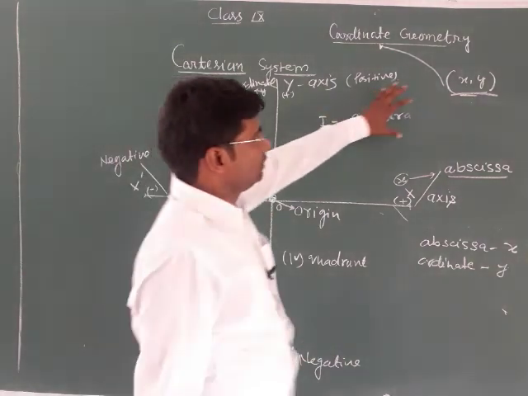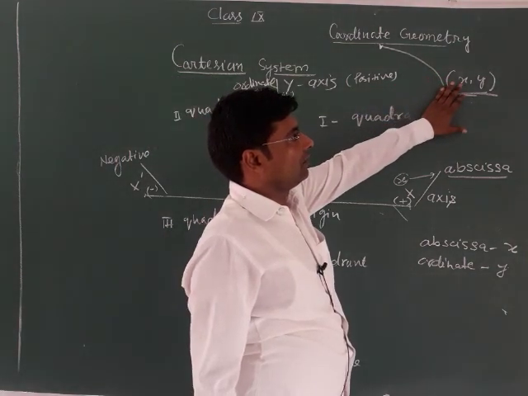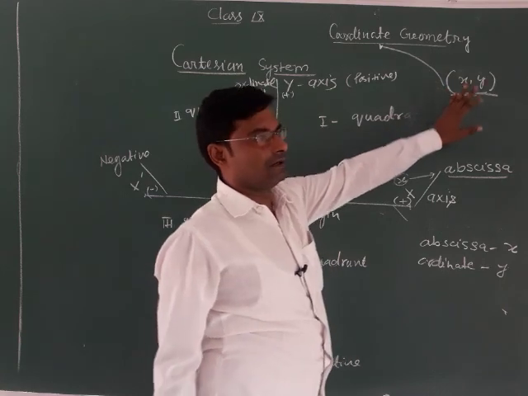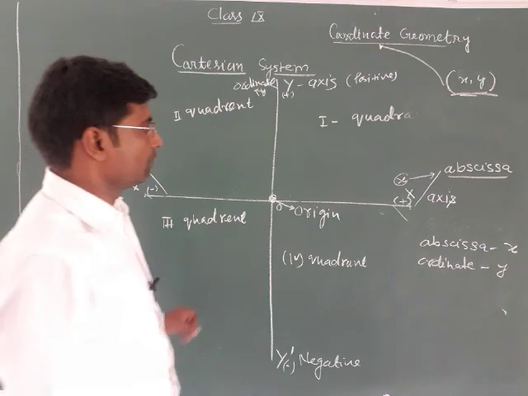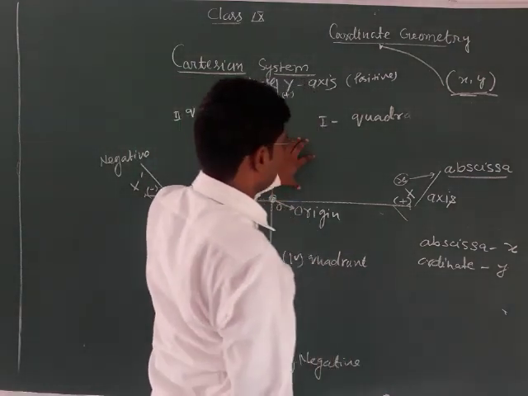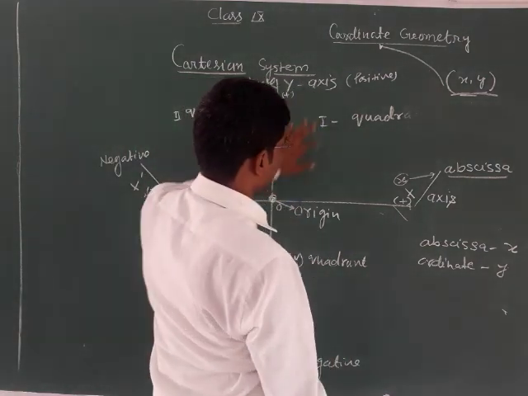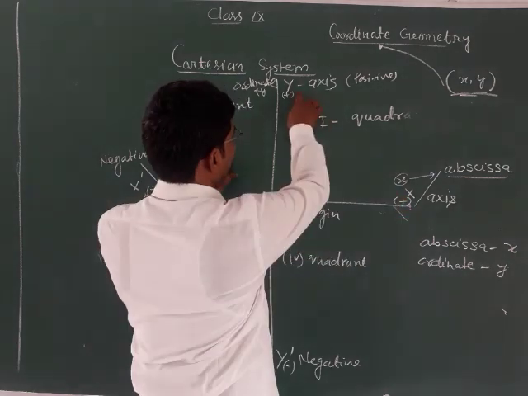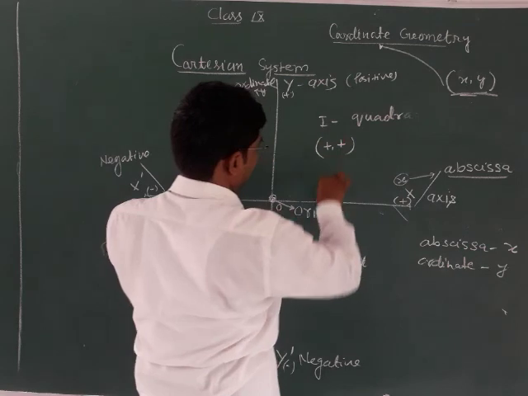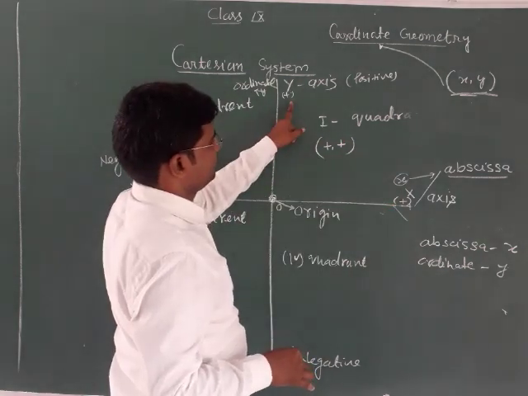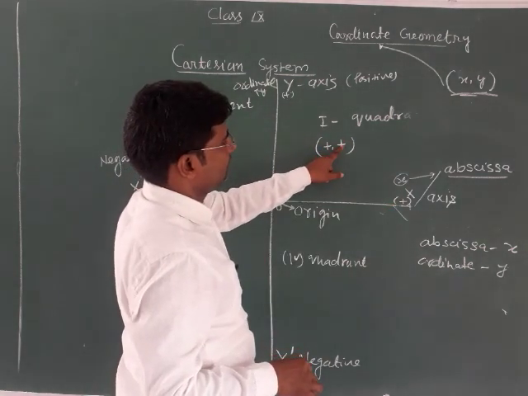So according to this, abscissa and ordinate in a coordinate can be positive or negative. Now represent the quadrants. In the first quadrant, abscissa and ordinate are both positive, plus plus. This is abscissa, this is ordinate.